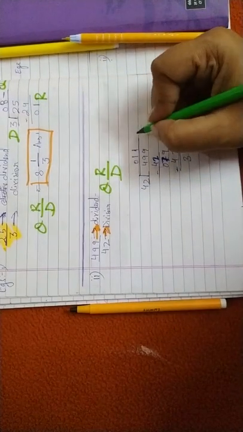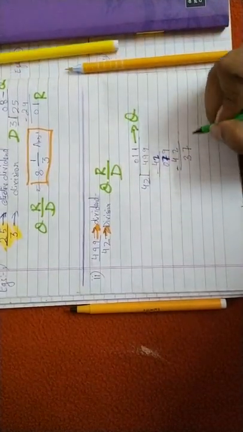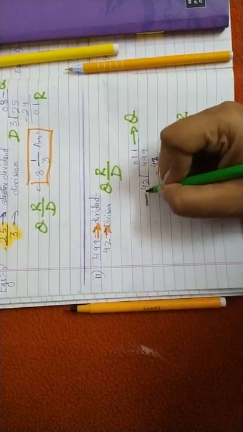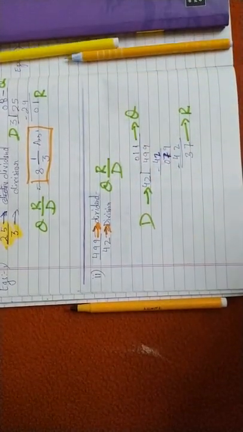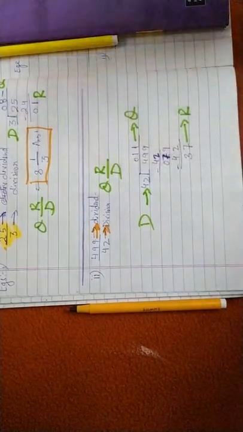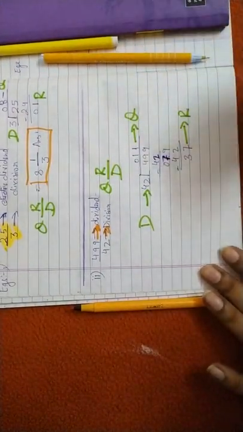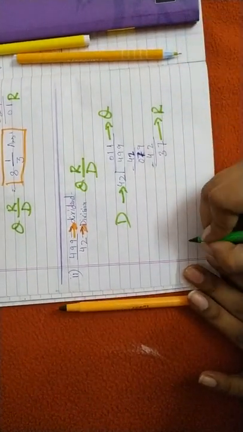What is the quotient here, children? This is. What is the remainder? This is. What is the divisor here? This is. Yes. Now place this according to this formula. I am writing it here, children. See, it is visible.